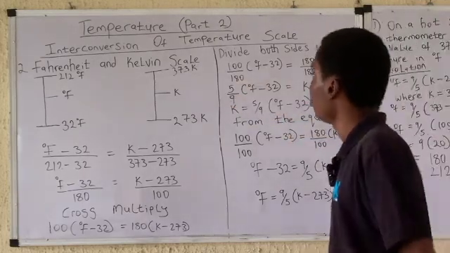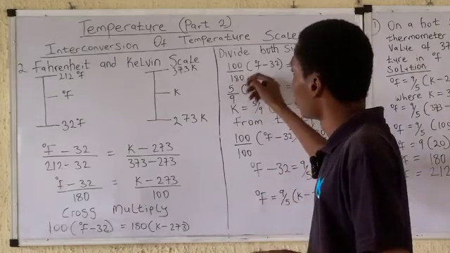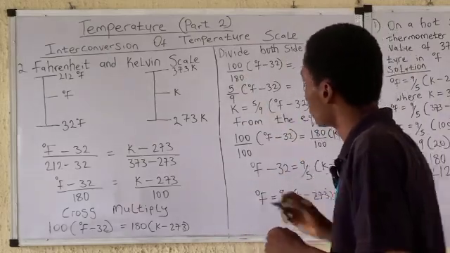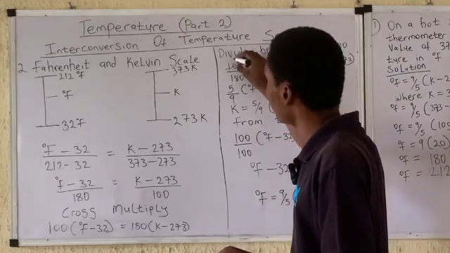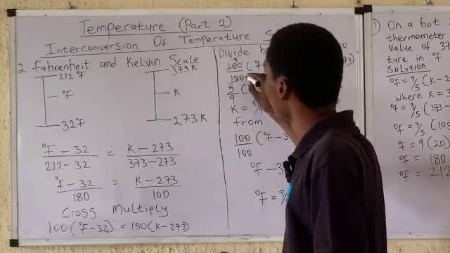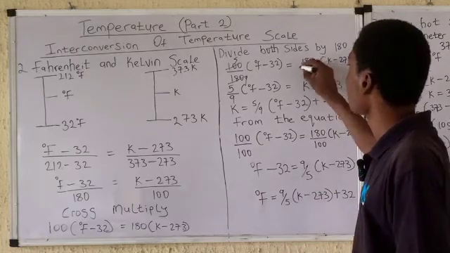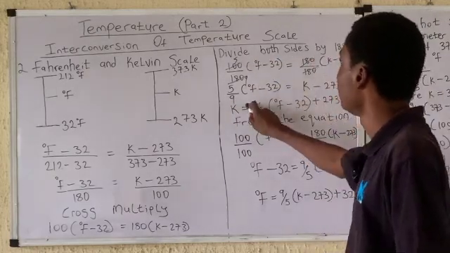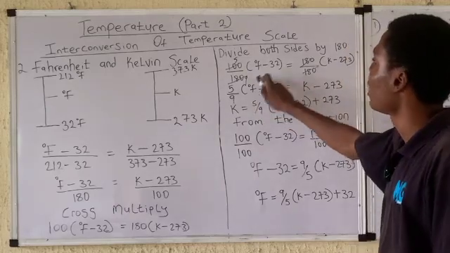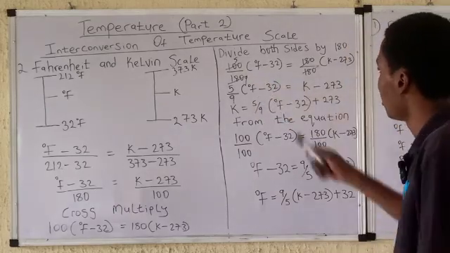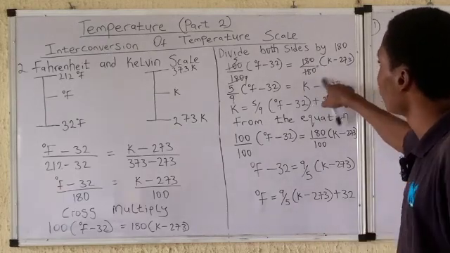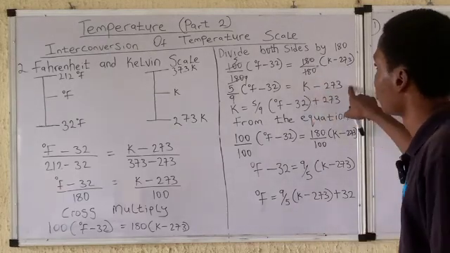So dividing both sides, we use 20 to divide both sides. 20 here, we have 5. 20 here, we have 9. So 180 cancel 180. So we say 5 over 9, which is here, in brackets F minus 32 equal to Kelvin minus 273.